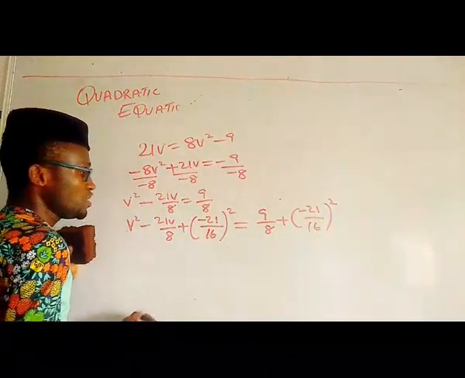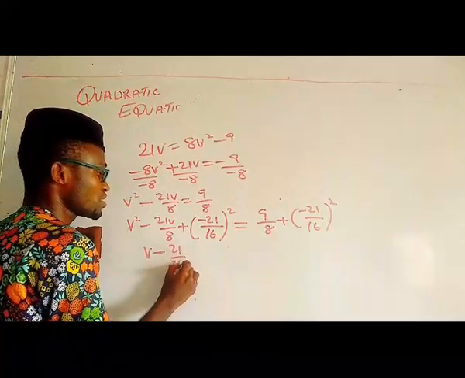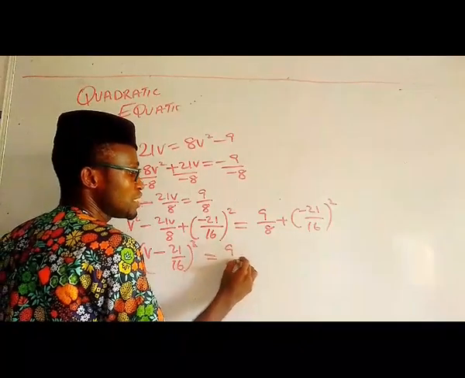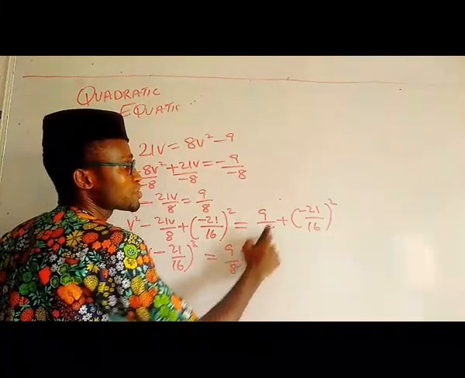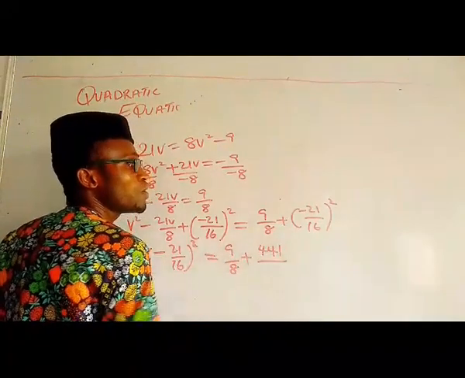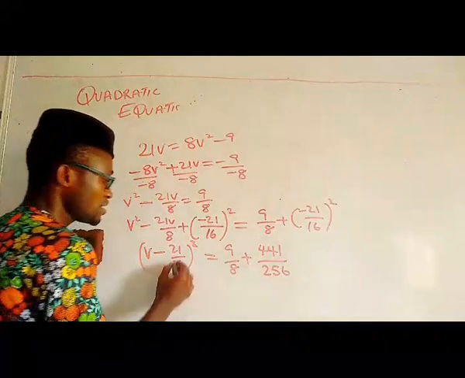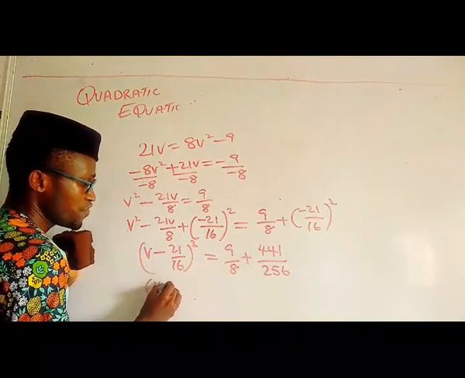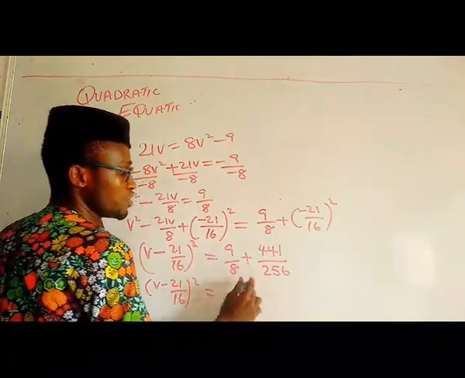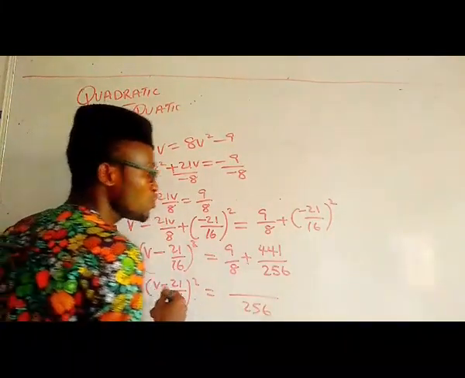Now by the time you do it this way, this will be v minus 21 over 16 squared is equal to 9 over 8 plus 441 all over 256.